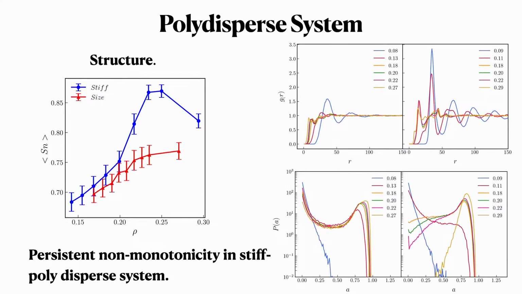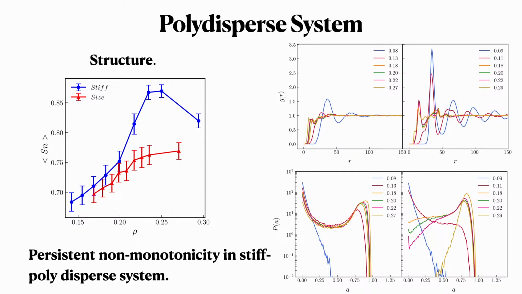To see in what sense they are different, we plot, on the left hand corner, the distribution of sparsity. For the size polydispersed system, even at very high density, the smaller rings retain their shape and the larger rings are completely flattened out.